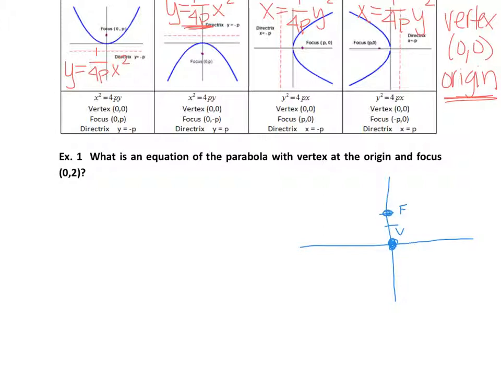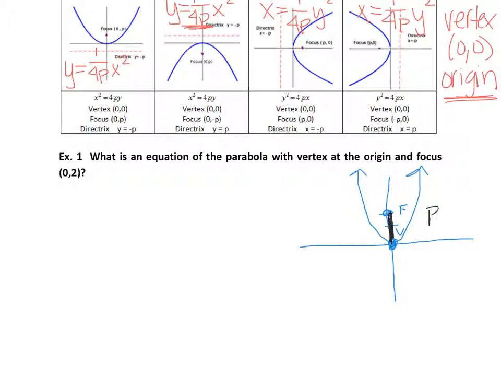Knowing that my focus is in front of the parabola, it's going to be a parabola that looks like that. From that, we should be able to tell what our p-value is. Remember, the p-value is the distance between your vertex and your focus.